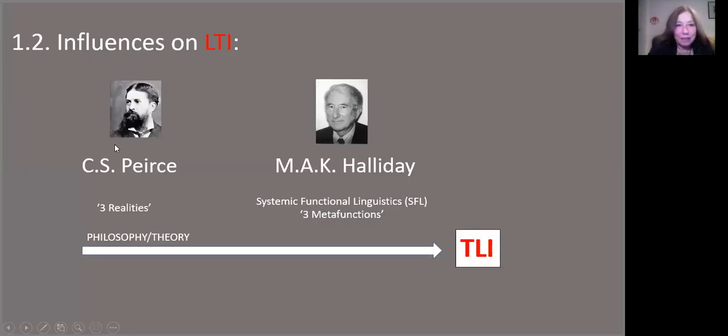And Peirce talks about three realities. Michael Halliday also talks about three metafunctions. And the theory goes from the very philosophical and very difficult through Halliday, who makes it more accessible for language and language teaching.